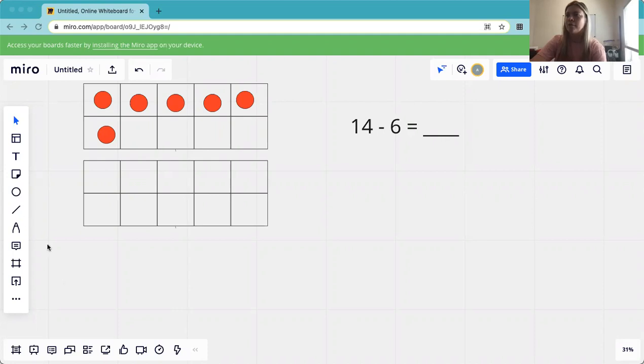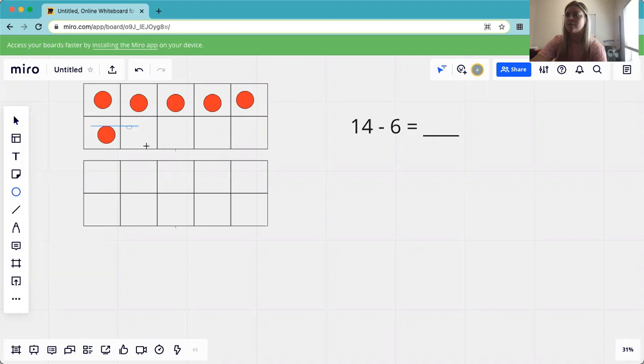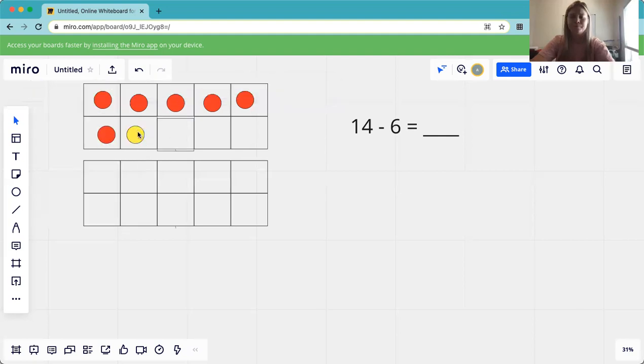So I'm going to put some yellow counters here. And I want you to think, how many yellow counters here do I have? Let me go ahead and put them. Count them: 1, 2, 3, 4.